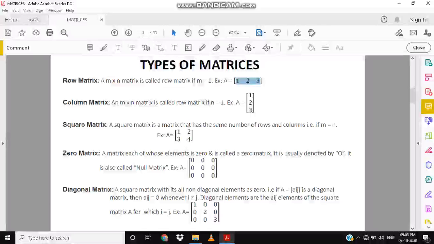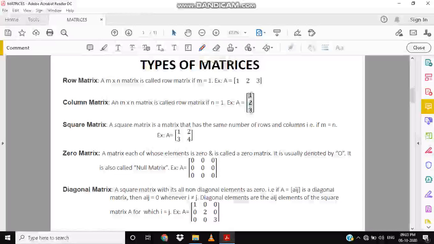Why is m 1? Because you can find only one single row. So this matrix is called a row matrix. Similarly, here you find only one single column, so this is known as a column matrix.